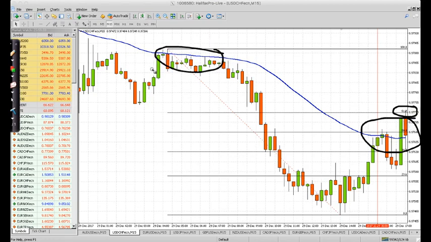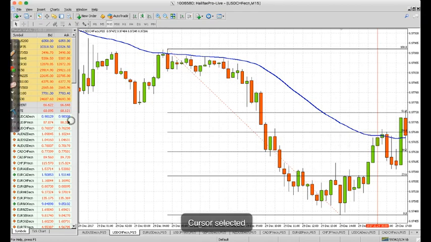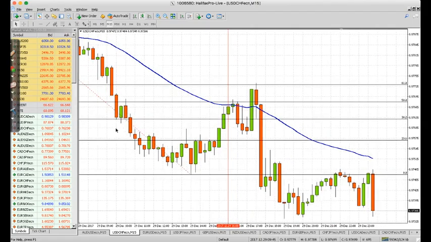And you can see the moving average acts as a resistance, right? It's finding resistance over here. It attempted to go above the moving average, but it closed back down again. And again, that gives me confidence to do a sell somewhere over there and capture the trade down. There we go.